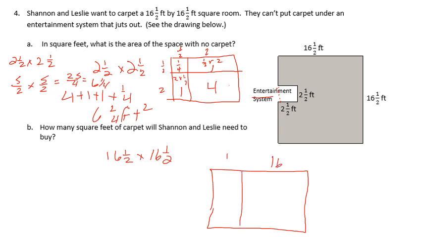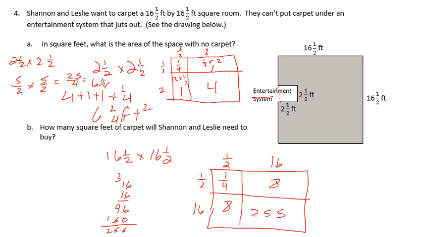So let's go ahead and do an area model, which is 16 1/2. 1/2 times 1/2 is 1/4. 1/2 of 16 is 8. 1/2 of 16 is 8. And 16 times 16. 6 times 6 is 36. 6 times 1 is 6, plus the 3 carried is 9.